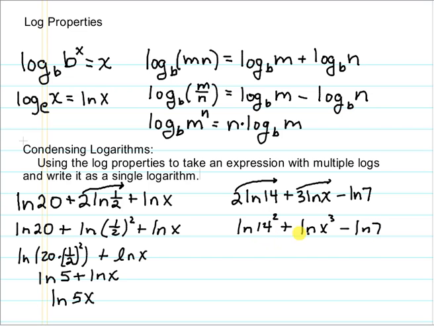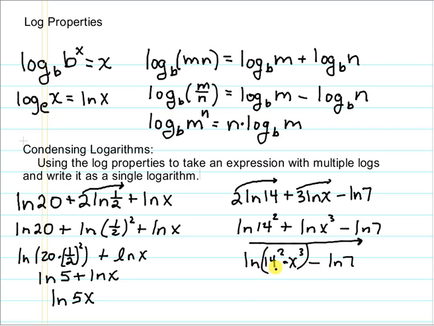Now we work left to right, because there were no parentheses to group. So here we have an addition which turns into multiplication. So we have ln of 14 squared times x cubed. That's minus ln of 7. We could put this in parentheses here.